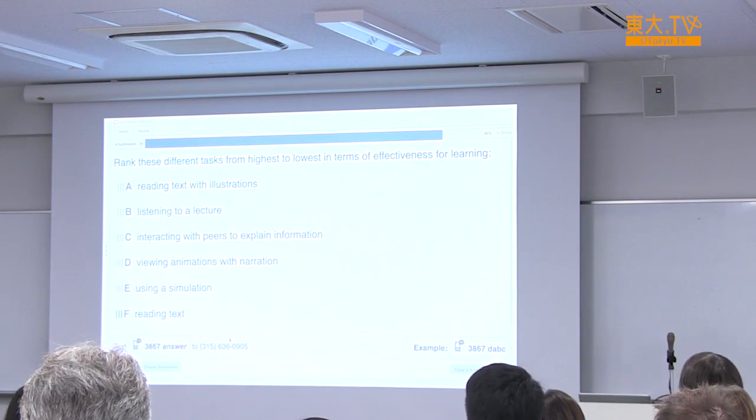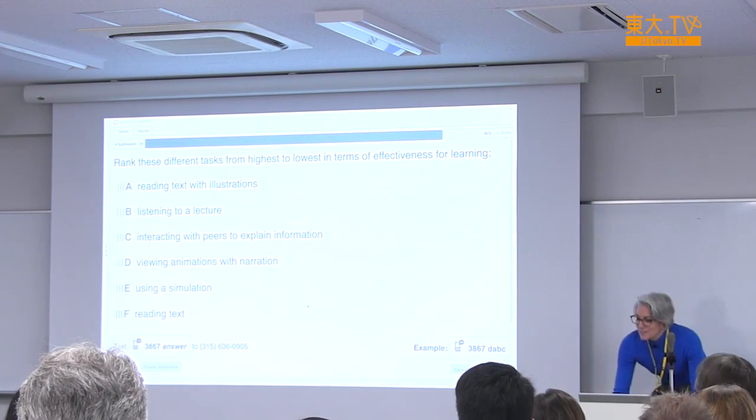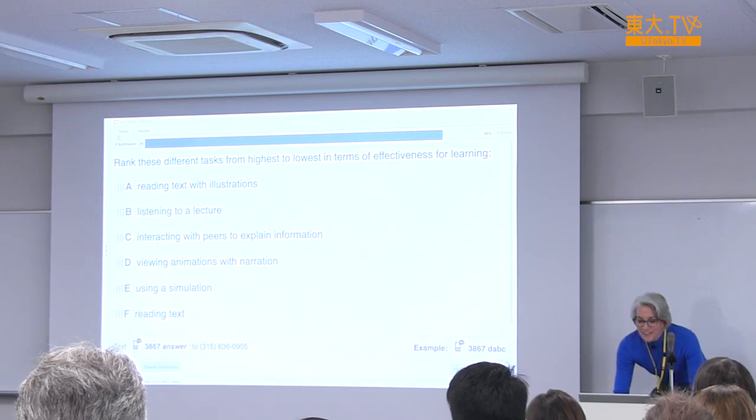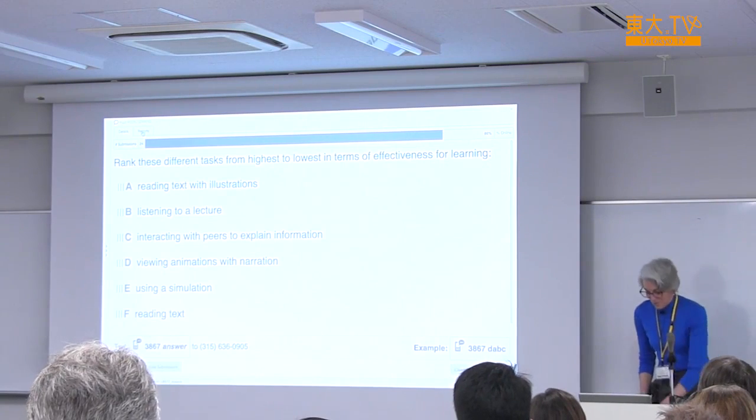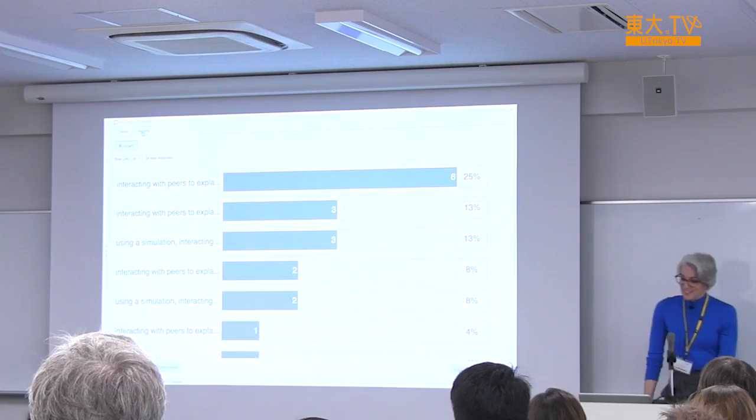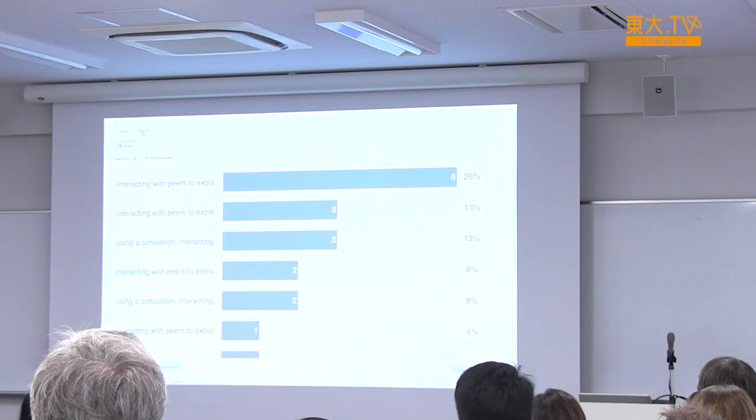It's got that percentile here of the percent that have finished, and then it will also generate reports. I can click on reports and it can quickly show me that, like 25%, we have interacting with peers to make explanations, and lower down using simulations.